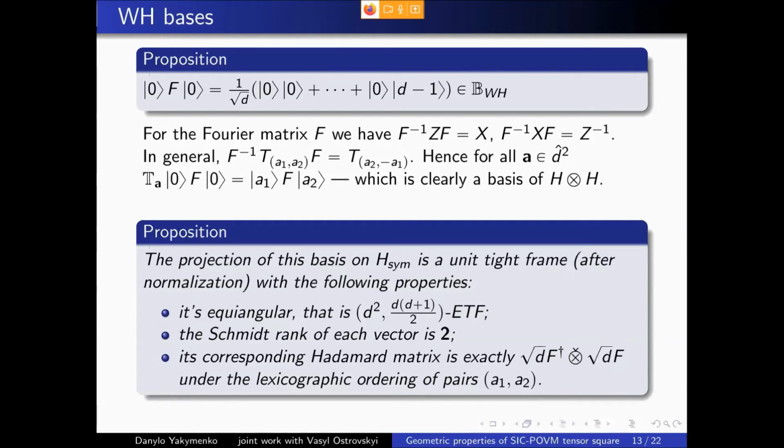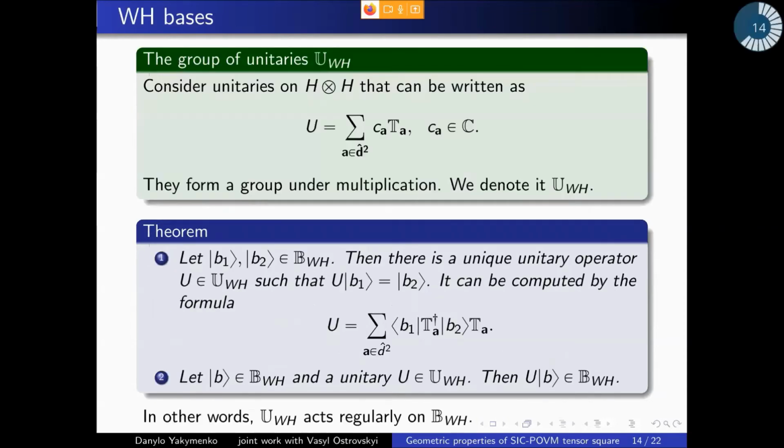Okay, let's talk about how we can describe the set of all these bases. It turns out that there are related notions that help us describe them. We can consider unitaries on H tensor H that can be written in this form.